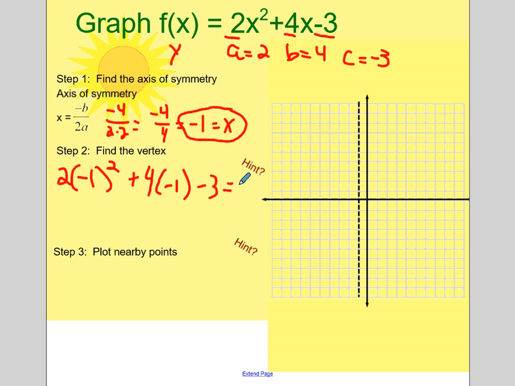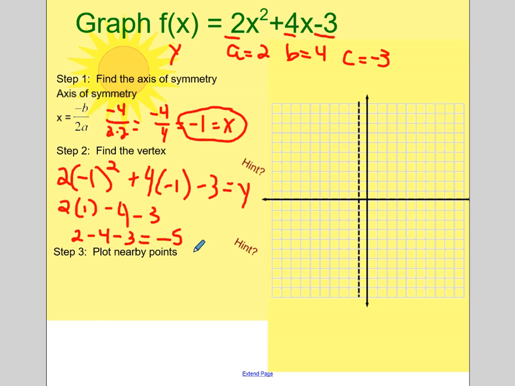This is going to give me my y value. That way I have a coordinate point to graph for my vertex. So -1 squared is just 1, so I have 2 times 1. 4 times -1 is -4 minus 3. 2 times 1 is 2, so I have 2 minus 4 minus 3, which 2 minus 4 is -2. -2 minus 3 is -5.